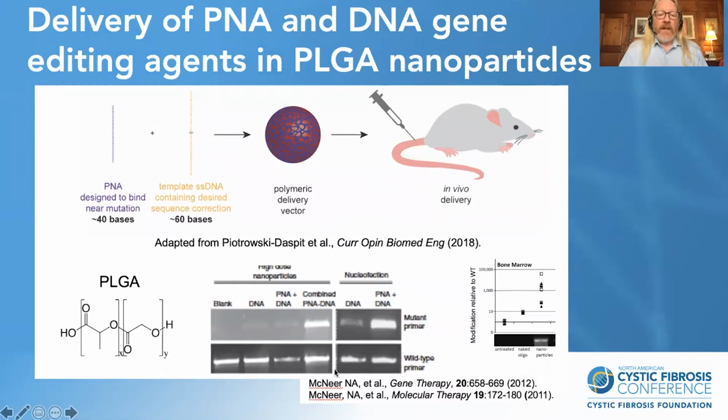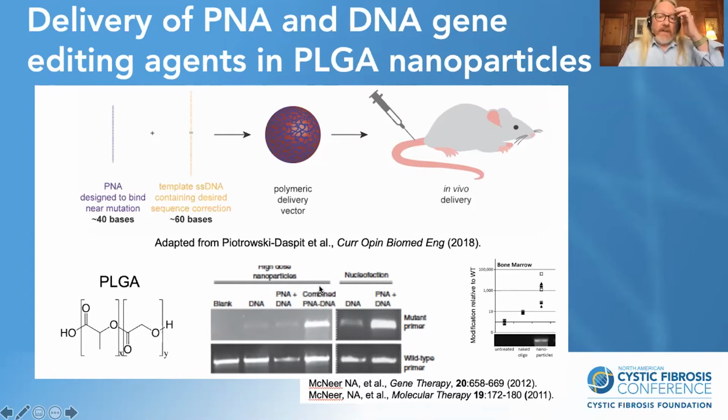Well, this is early work, and it was done by an MD PhD student named Nicole McNeer, where she loaded this PNA and template DNA into a polymeric vector. In this case, it was PLGA, polylactide-co-glycolic acid, and then either applied it to cells in culture or injected it intravenously into mice.